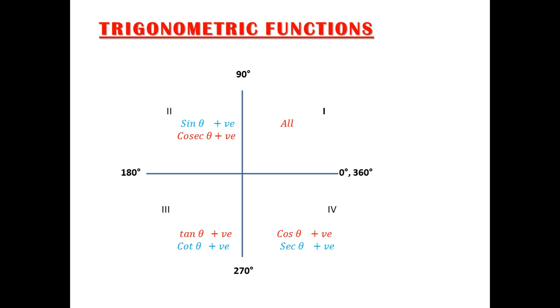In second quadrant, only sine and its reciprocal cosecant theta are positive. Other four are negative. In third quadrant, tan theta positive and cot theta positive, other four negative. In fourth quadrant, cos theta positive and secant theta positive.